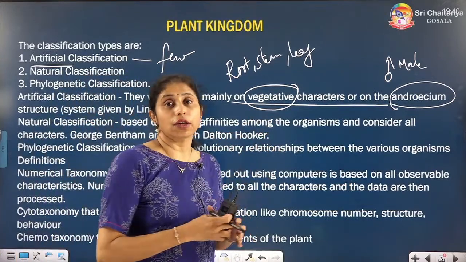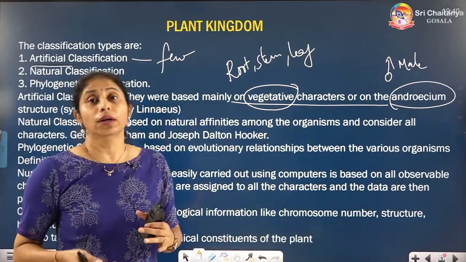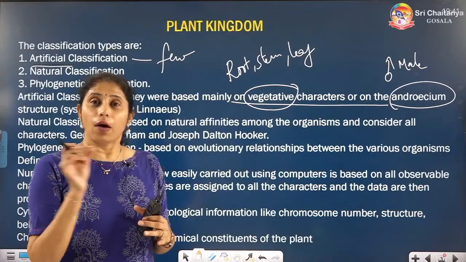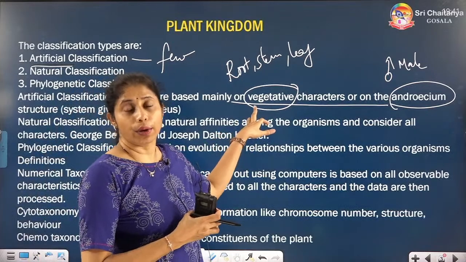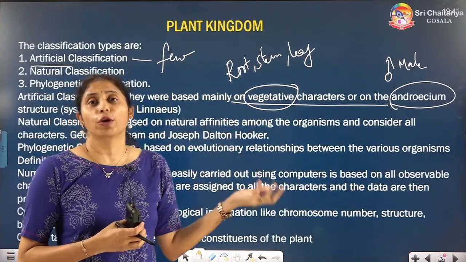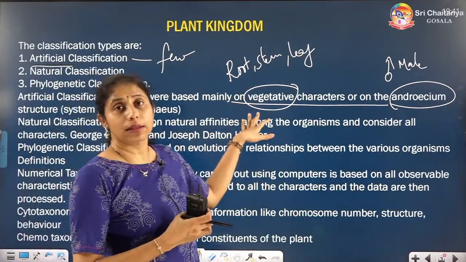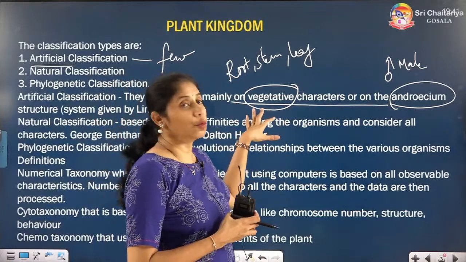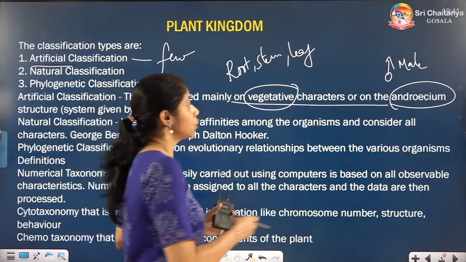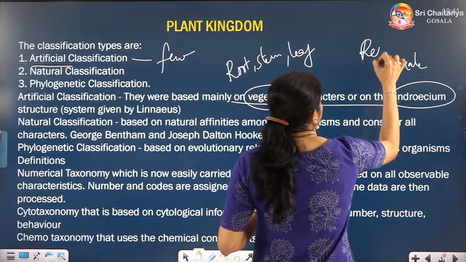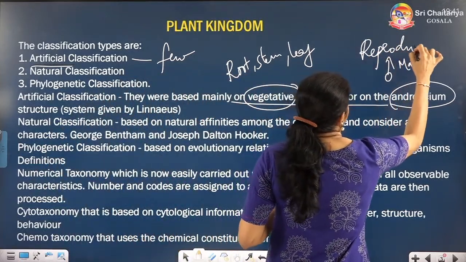And this classification gives all the characters equal importance. For example, vegetative characters keep on changing according to the environment, but this system of classification gave equal weightage to both vegetative characters as well as reproductive characters. The androecium, which is the male part, comes under reproductive characters because it is present in the flower.